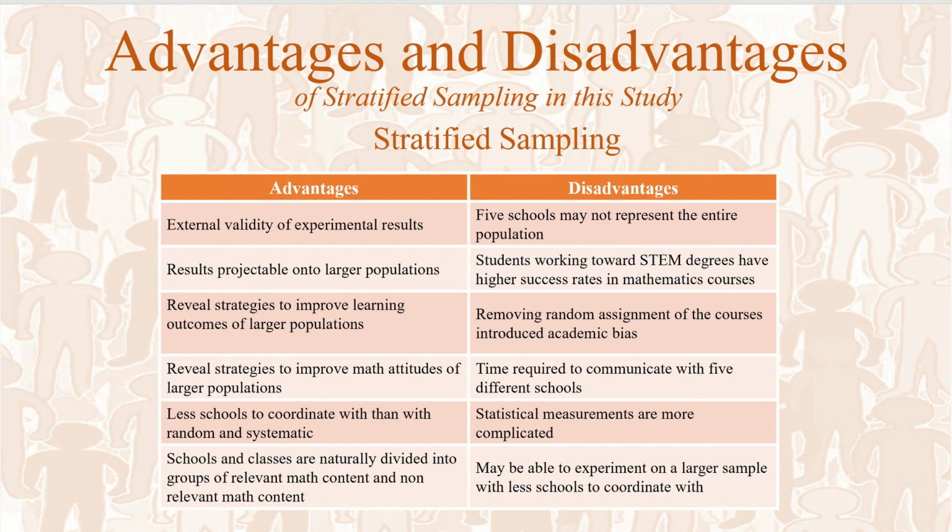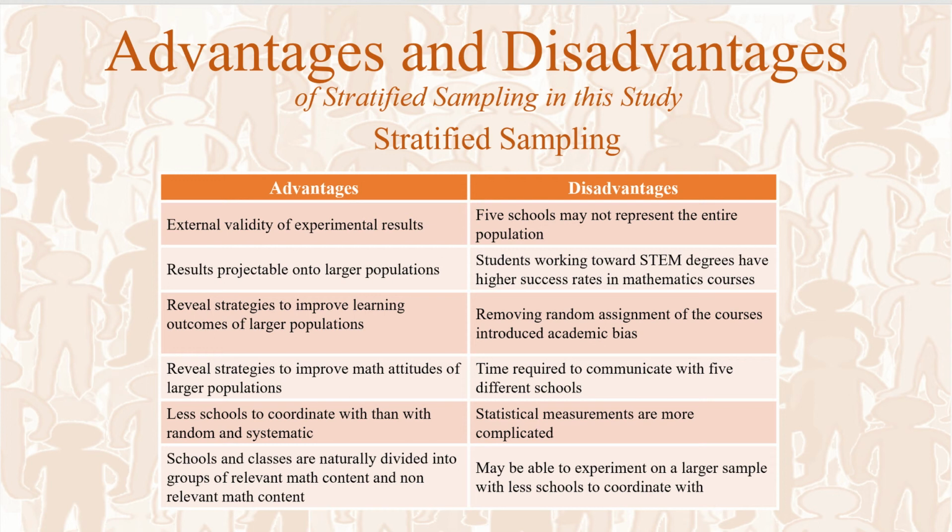Some disadvantages of stratified sampling are that 5 chosen schools may not represent the entire population. Students working towards science, technology, engineering, and mathematical degrees have a higher success rate in math courses, so removing the random assignment of the courses introduces academic bias.